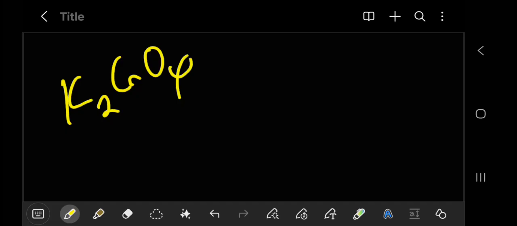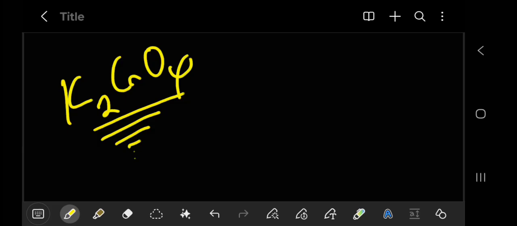So, potassium tetraoxochromate(VI). All right, and that is that. I usually tell you guys to know the function of reagents. In any experiment you are carrying out, try to know what role is played by that reagent.